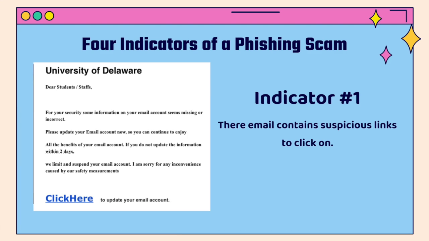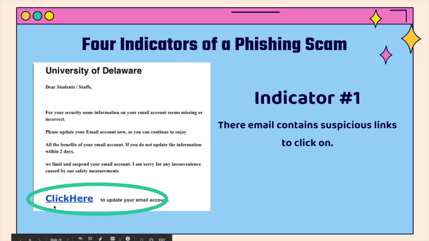So our first indicator that this is a phishing scam is that the email contains suspicious links for us to click on. Because remember, this is someone pretending to be the University of Delaware. This click here, if I click it, that to me is suspicious.